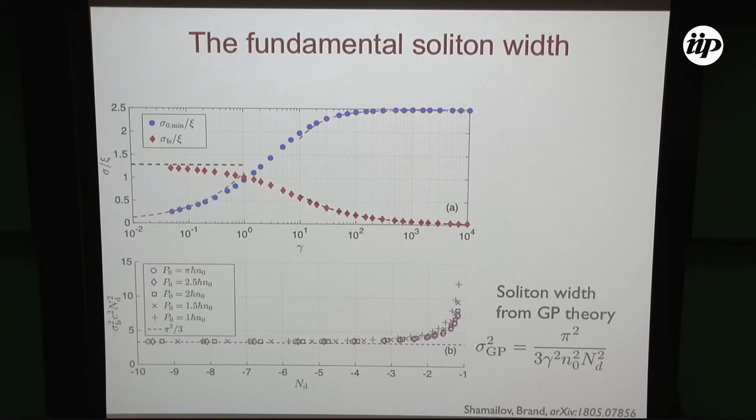Okay, some more things on this fundamental soliton width. Here we scaled it and plotted it as a function of N_D. It turns out from Gross-Pitaevskii theory, this variance can be expressed entirely in terms of the interaction constant and N_D, the number of depleted particles, and that completely includes the dependence that the soliton width has, for example, on velocity.